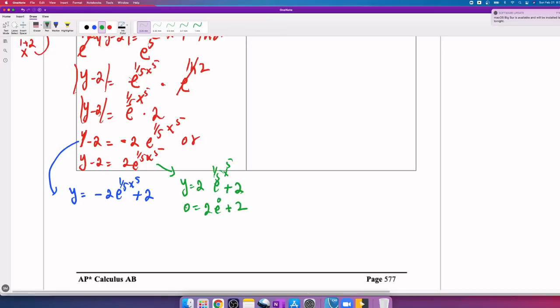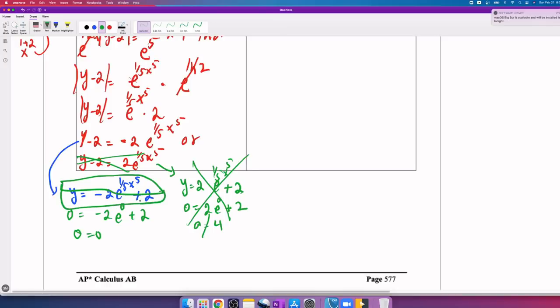So this is 2 plus 2, which means 4. So 0 is equal to 4, which is not true. So this one is not working for us. That one is not the answer. If I go there with 0, I can try it. e^0 plus 2. So negative 2 and positive 2 is going to give me 0 equals 0. So that one works. So my answer is this.